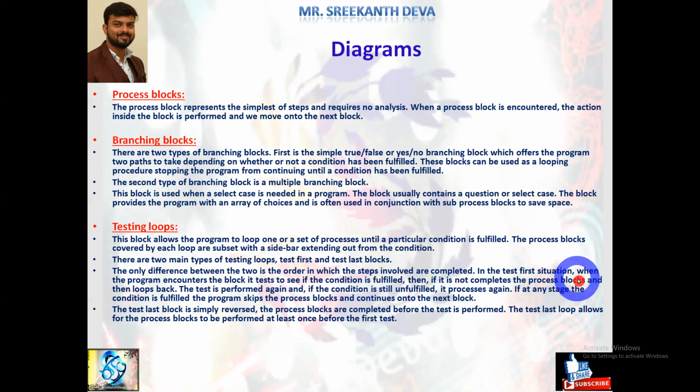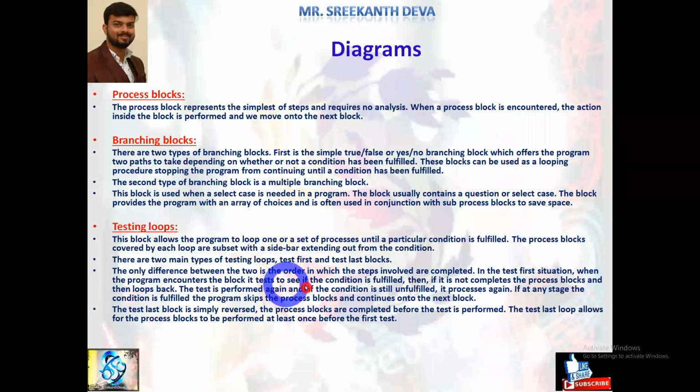In the test first situation, when the program encounters a block, it tests to see if the condition is fulfilled. If it is not, the process blocks run and then loop back, the test is performed again, and if the condition is still unfulfilled, it processes again. If at any stage the condition is fulfilled, the program skips the process blocks and continues on to the next block.